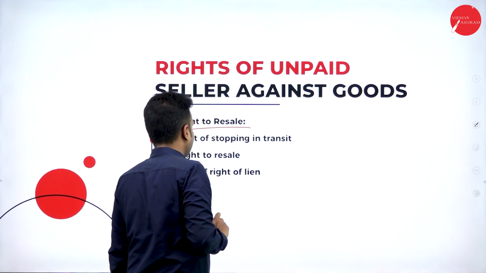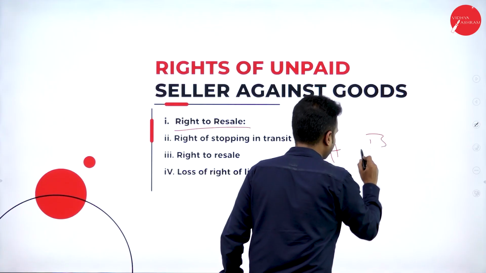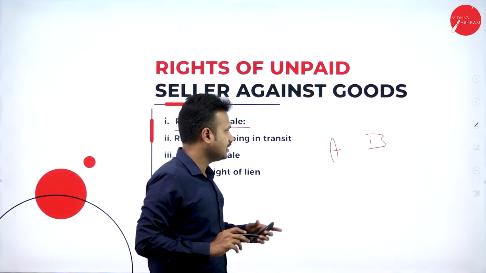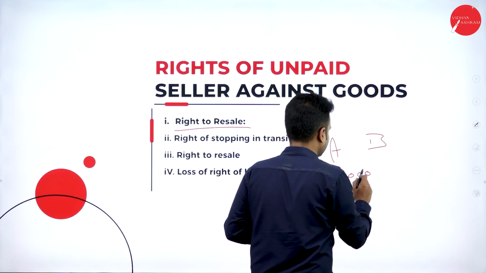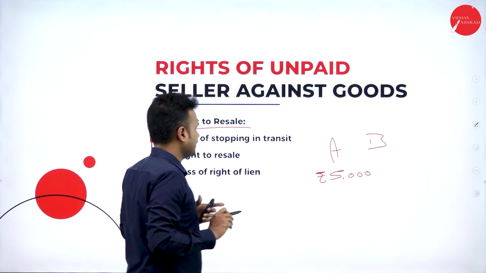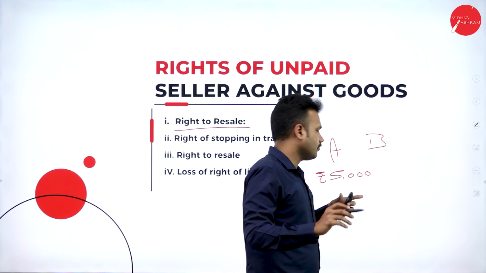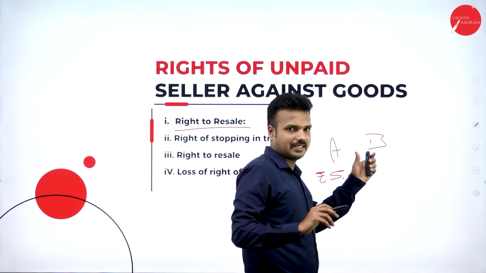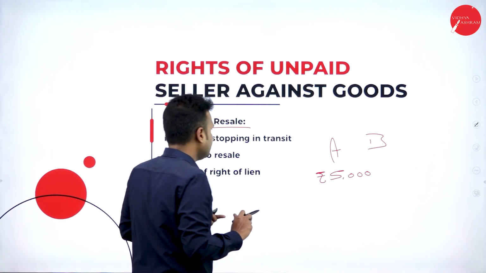Right to resale. Right to resale means there are two parties, Mr. A and Mr. B. What happens? Mr. B had given 5,000 rupees as an advance, saying that he will be purchasing that particular product. The product was worth 1 lakh rupees, but only a payment of 5,000 happened.